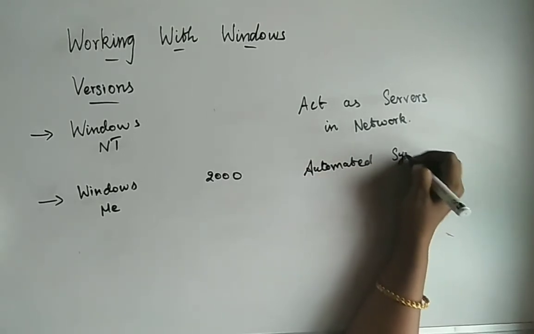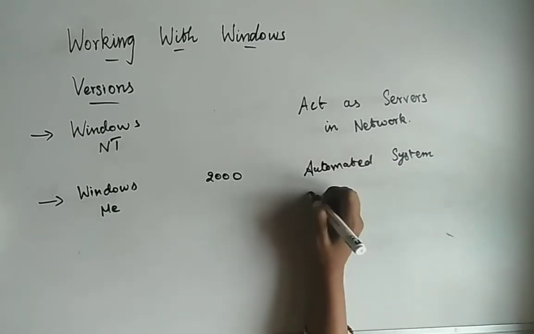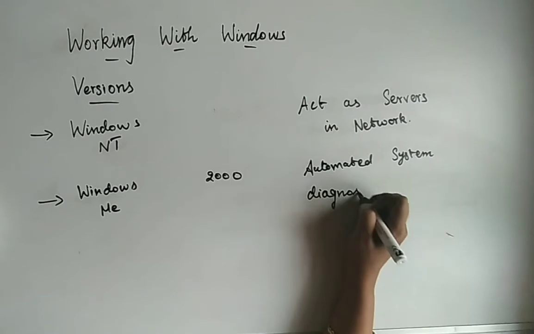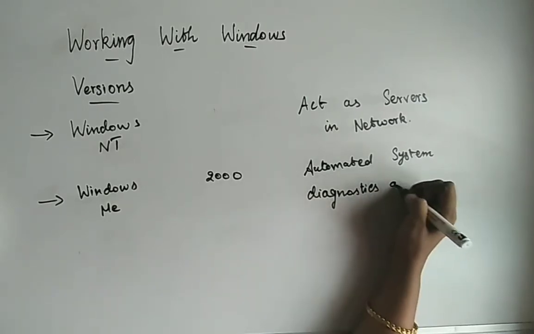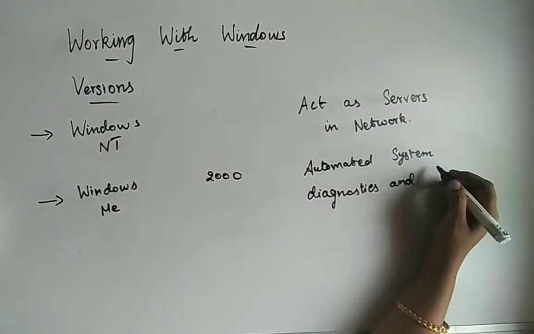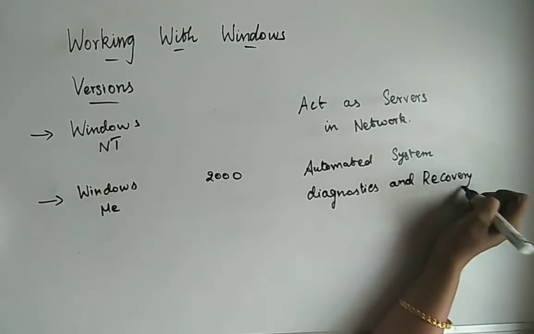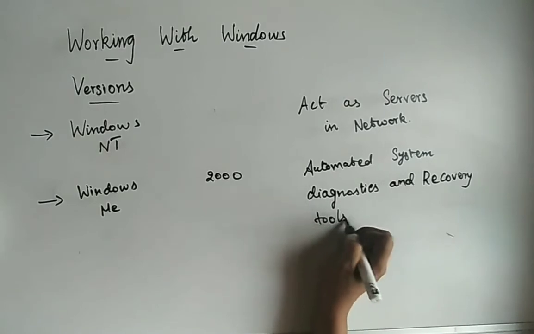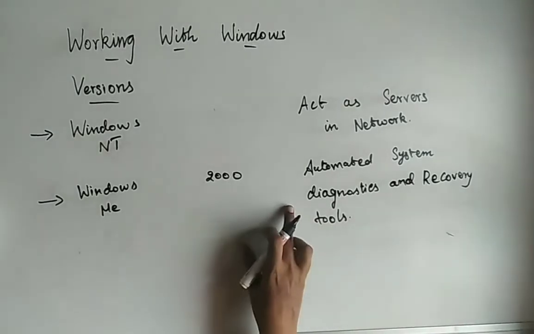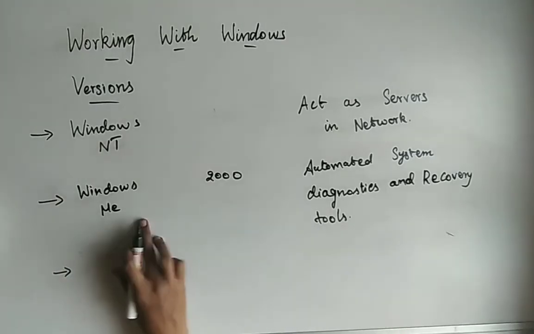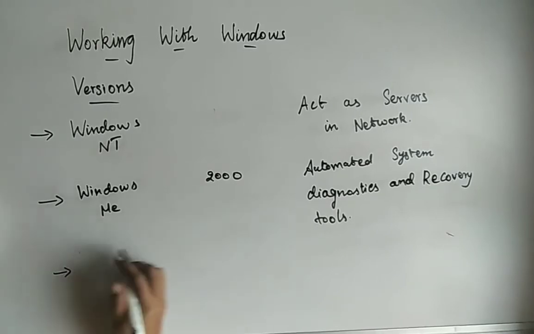Diagnostic means it is going to check your system, and everything is done automatically. If any fault or virus is seen in your system, it will automatically recover, meaning correction will be done automatically. So Windows Millennium, in the year 2000, introduced automated system diagnostics and recovery tools. Next, it is Windows 2000.